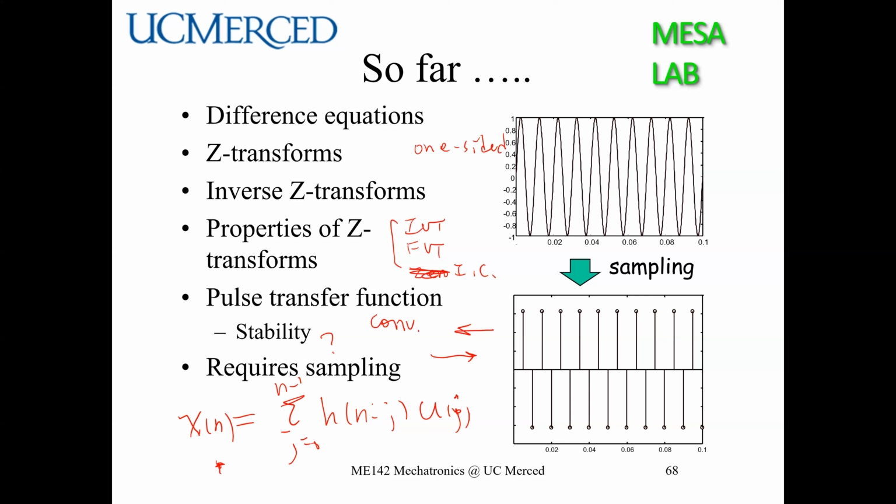So one is minus j, one is j. Okay, but remember anything less than 0 is 0, okay? Because this one is a positive j, one is a negative j.